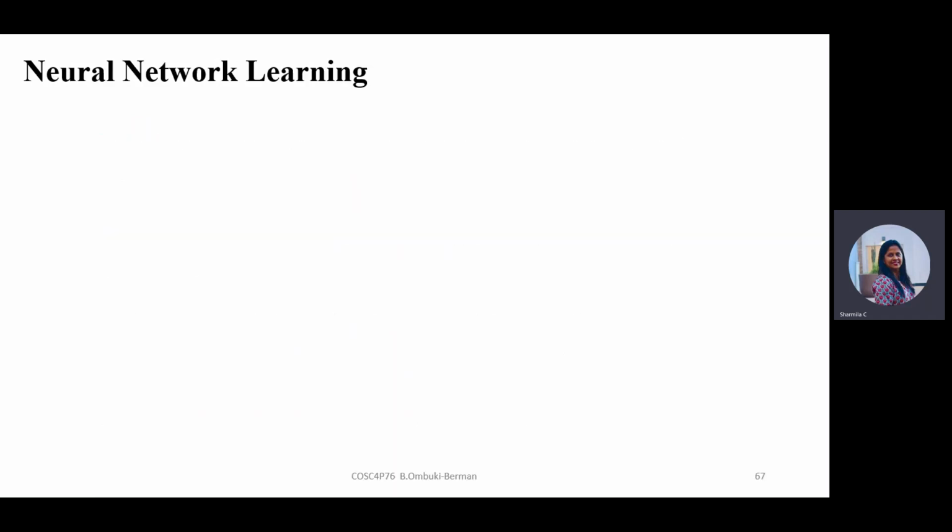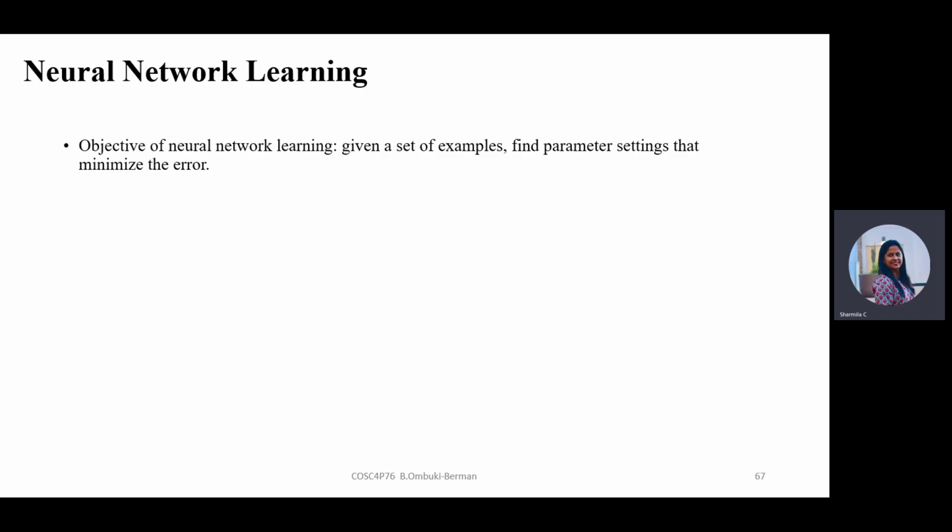Coming to neural network learning, the objective, given a set of examples, is to find parameter settings that minimize the error. So given a set of training examples, find the parameter settings. Parameter settings include either learning the weights of the neural network, or considering the value of the learning rate when we are learning the perceptron or the neural network.